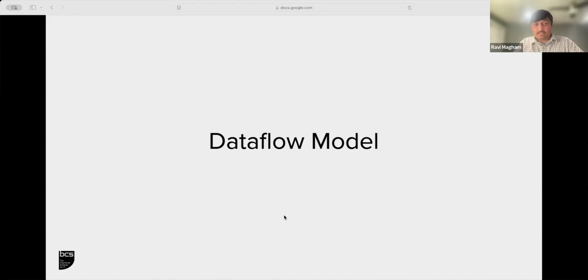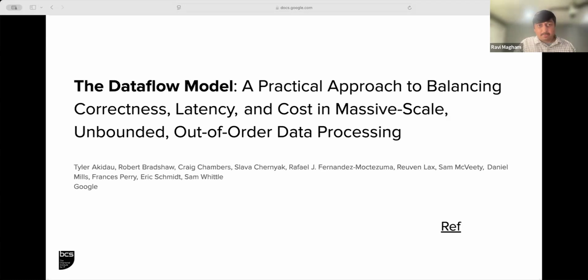The third is cost. With stream processing, there's always an infinite stream of data coming in. If you are to process it, there's always going to be cost involved. What's the effective way of handling that? So the paper which came out of Google, the data flow model, offers a practical approach to balancing correctness, latency, and cost.